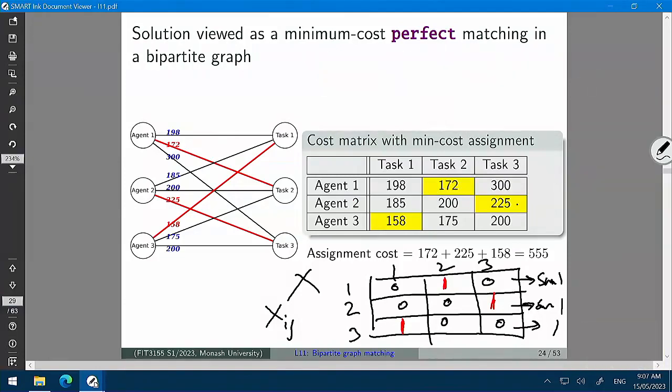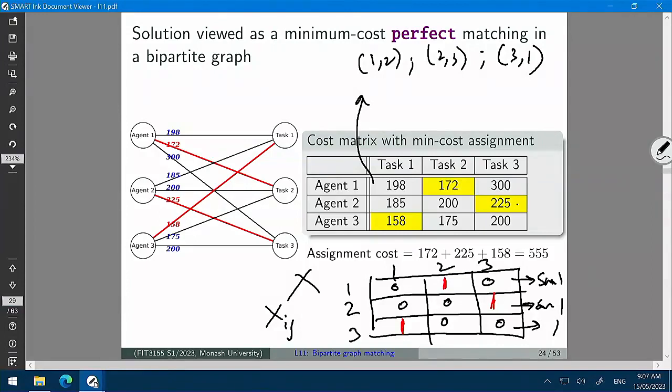So what are the ij's that matched in this thing? 1 is matched with 2, then 2 is matched with 3, and then 3 is matched with 1, isn't it? That's what the matching is. It happens to be a min cost. It doesn't matter if it's min cost or not. Any matching will be of that kind.